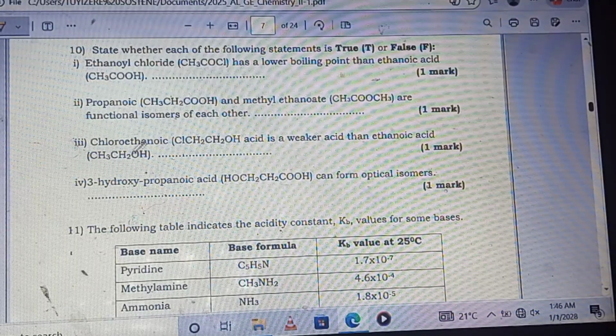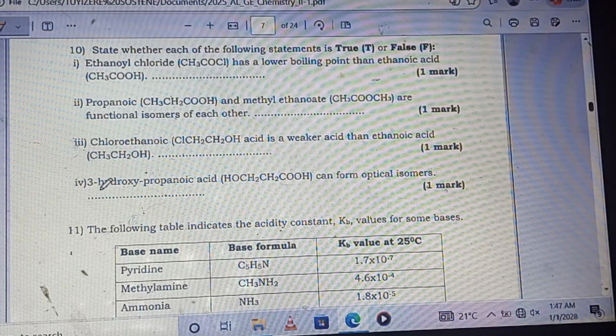I3, chloroethanoic acid is a weaker acid than ethanoic acid. Is it true or false? The correct answer is false because this chlorine increases acidity.